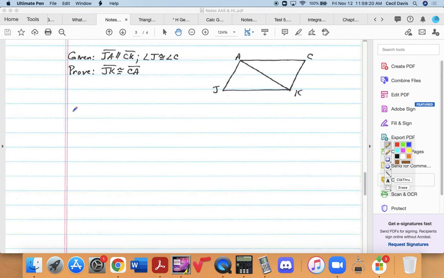So I'll do this one as a flowchart proof. JA is parallel to CK is given. And angle J is congruent to angle C, also given.